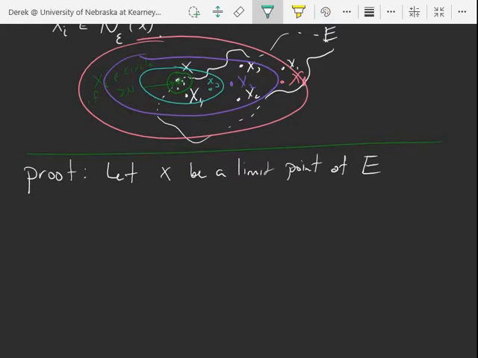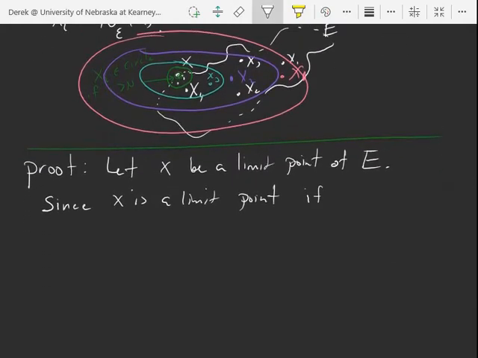Okay, so let's actually write down mathematically what's going on. We have a limit point x of E. Since x is a limit point, I'll use delta because epsilon is sort of given to us in the statement of the theorem.